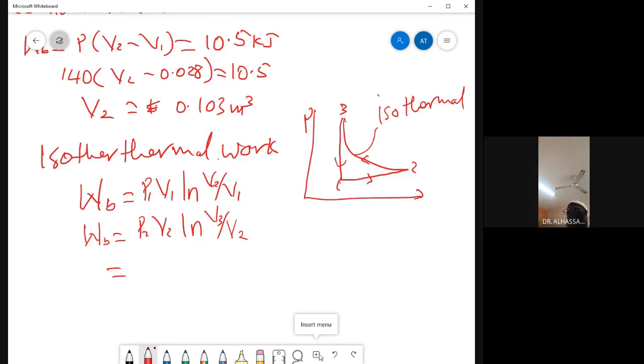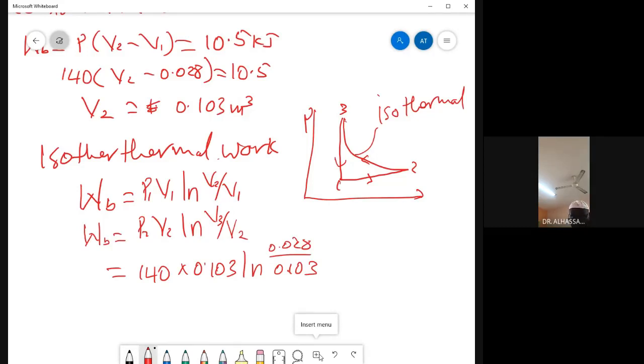P2 and P1 are the same pressure, so I'll have 140 times V2, which is 0.103, times log of V3, which is the same as V1, 0.028, all divided by V2, 0.103.